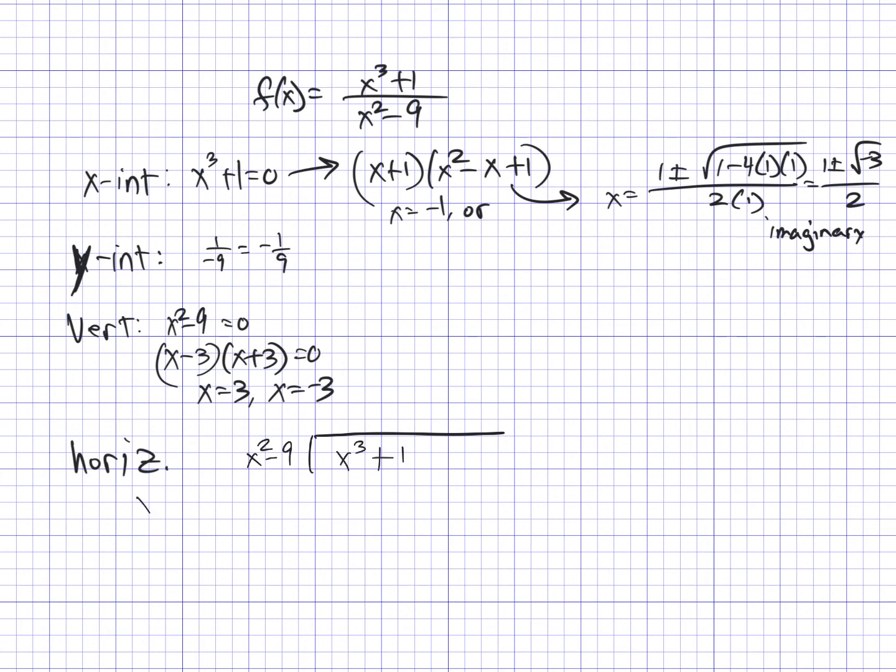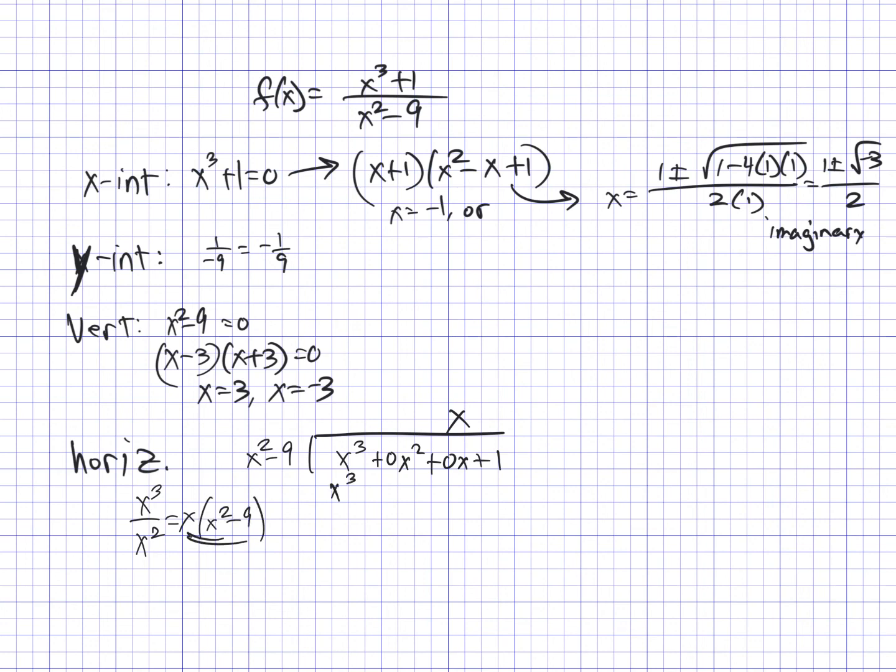Okay, so x cubed over x squared is x. So I'm going to put just a couple placeholders in here. We don't need them all. So x is our answer that we want. You have to distribute that through.